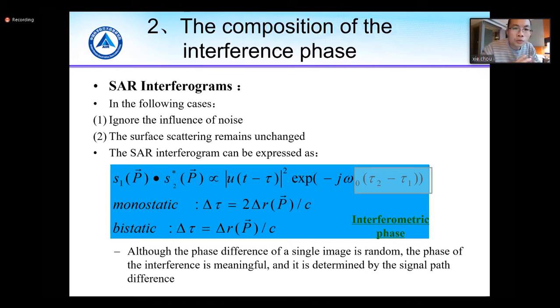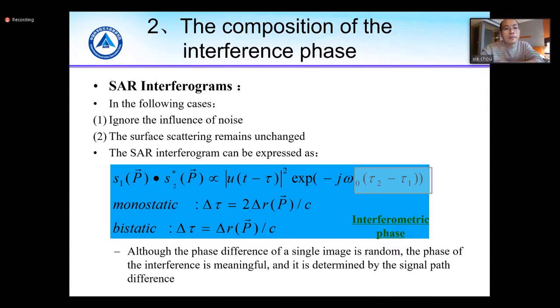If we want to calculate the interferogram, we should make some assumptions. First, we ignore the influence of noise, and then we assume that the surface scatterers remain unchanged. Based on these assumptions, the interferogram can be expressed as this formula.